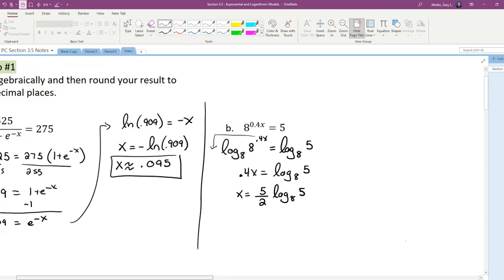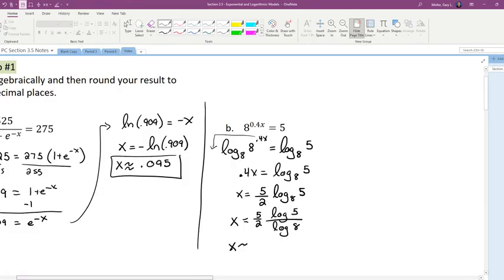But if I want to go to calculator or decimal to get a better answer here, then I need to use my change of base formula. And that would either be natural log or log. I'll go ahead and do log. So log of 5 divided by log of 8.